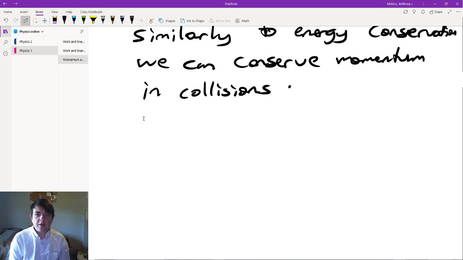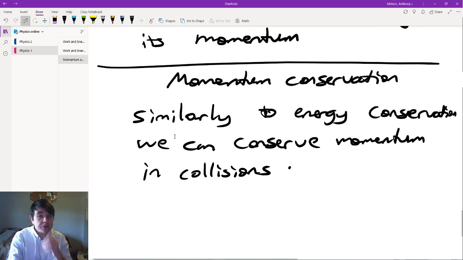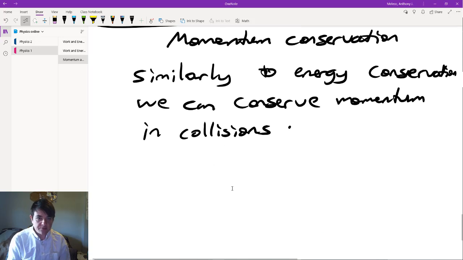And actually, in problems, you're able to conserve momentum all the time, but in some problems, depending on how it's written, you're not able to conserve energy. Like if you're losing energy in a problem and they don't tell you where the energy's going or what's causing that, you're not able to solve it with energy. So for these problems, you can use momentum for pretty much all of it. So let me go ahead and show you what's up. So why is there momentum conservation?